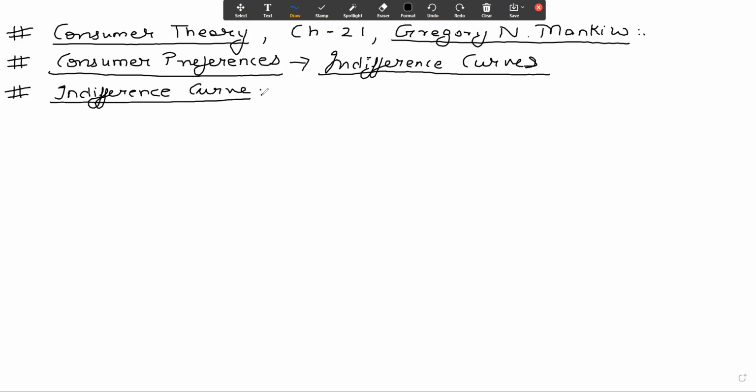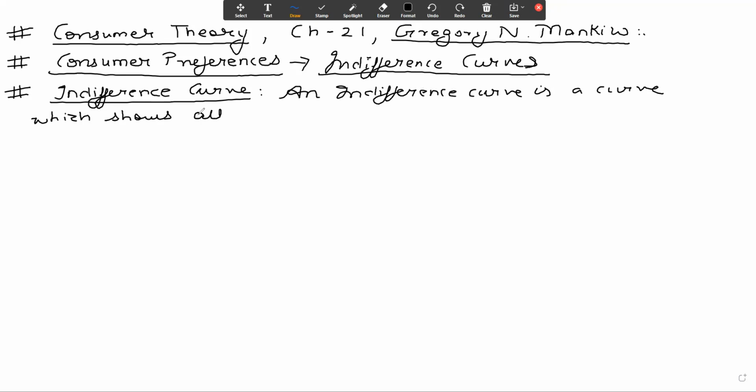So an indifference curve is a curve which shows all combinations of two commodities which give equal satisfaction to the consumer.